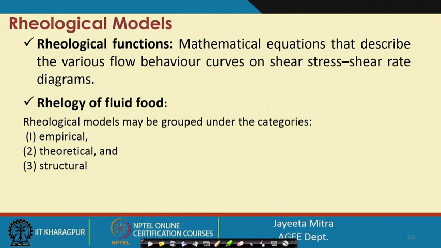Empirical means that when we plot the shear stress and shear rate diagram, we do not have any prior idea about the structure. So, we can't do any modeling unless we get the trend of the change of shear stress, and from the plot we can generate a certain kind of model. So, we term them empirical models.